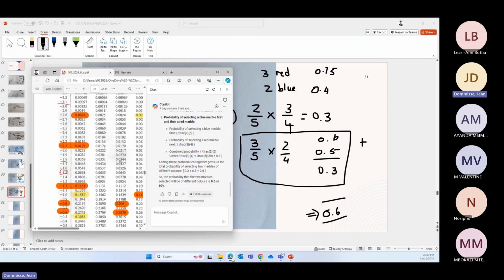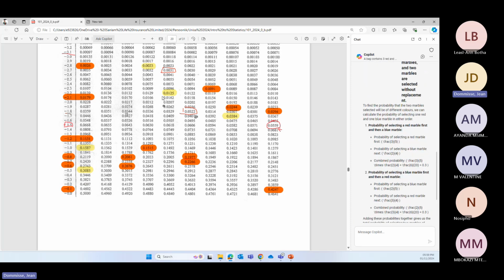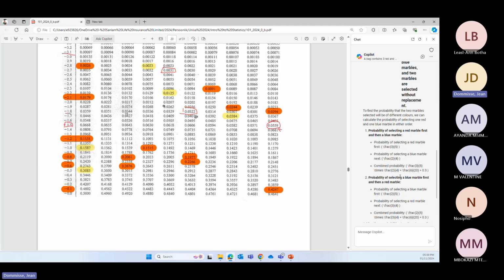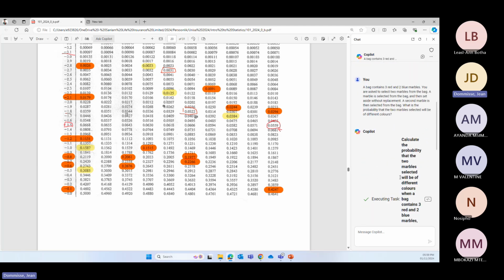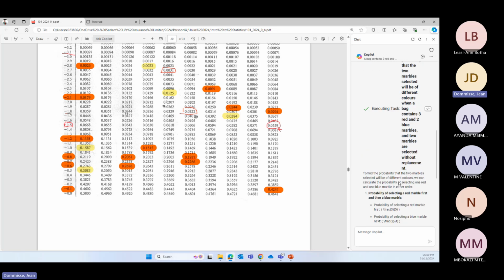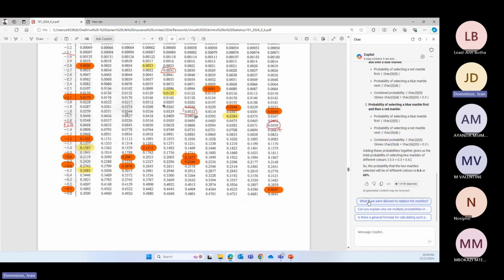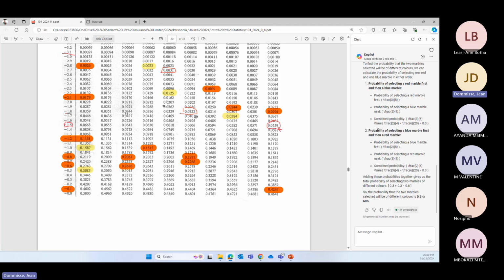Again, going forward, a nice thing to use is Copilot, and it's in all your Microsoft Office, so it's for free. You don't need to pay like some of the ChatGPT, and it also gives you the breakdown of the answer.